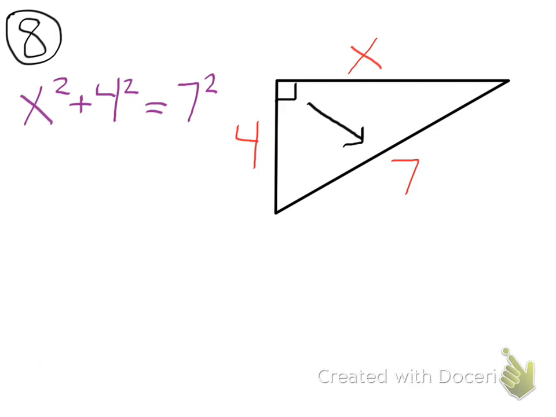So then if we simplify this, what we're going to get is x squared plus 16 is equal to 49. Subtract 16 on both sides.